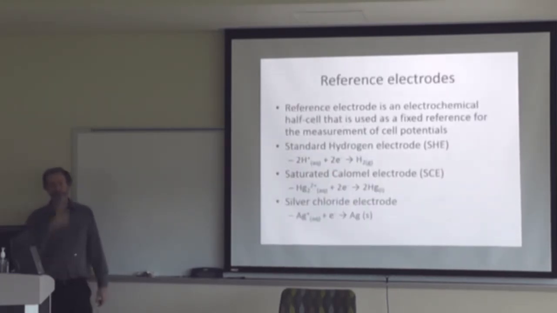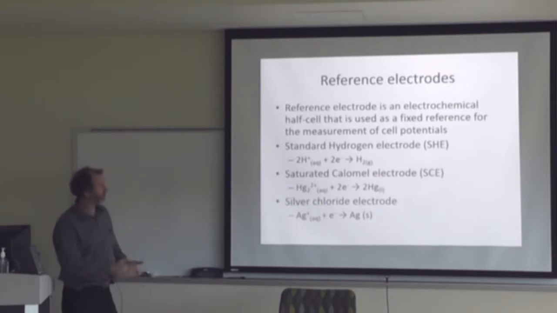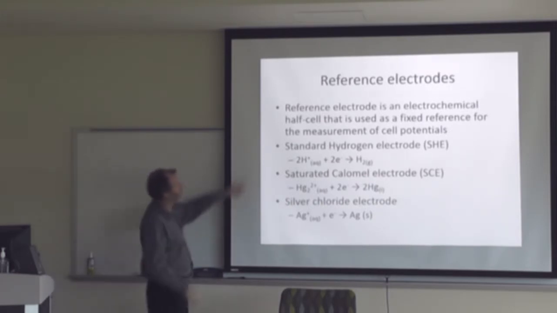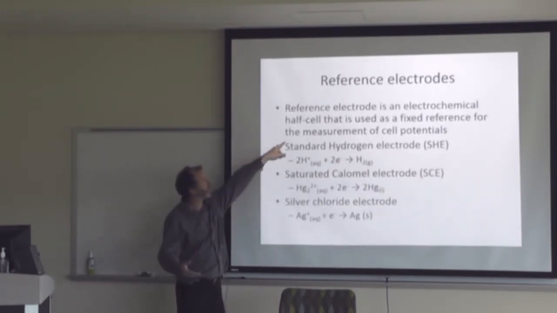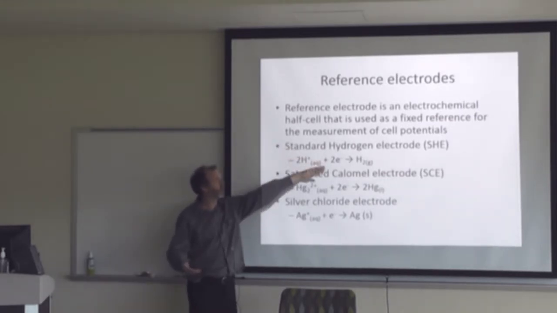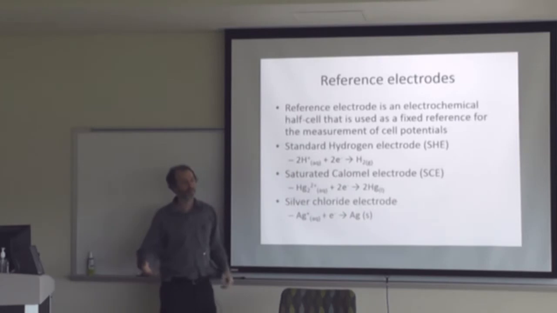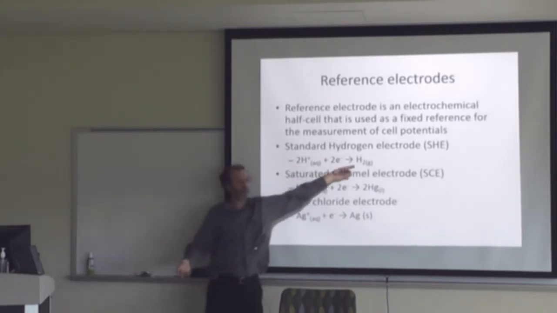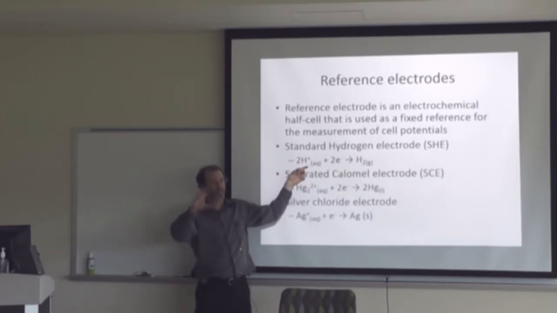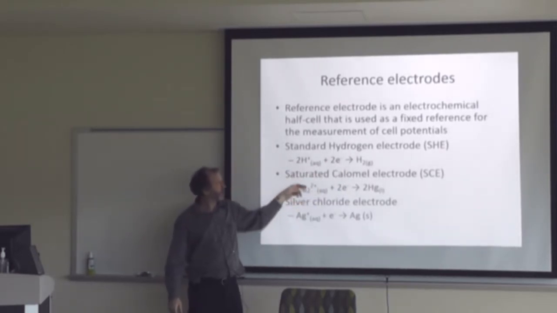There's a number of different types of reference electrodes, and it's the half cell reactions that are used as a fixed reference for the measurement of the cell potentials. The standard one is the standard hydrogen electrode, which you won't see in a lab because it's very impractical to have hydrogen gas in a half cell reacting with hydrogen ions and electrons.